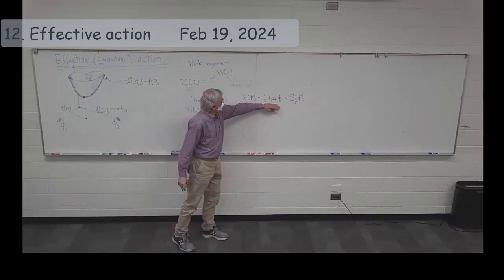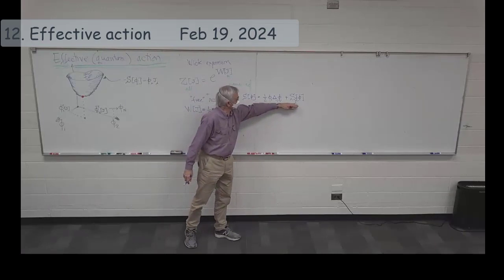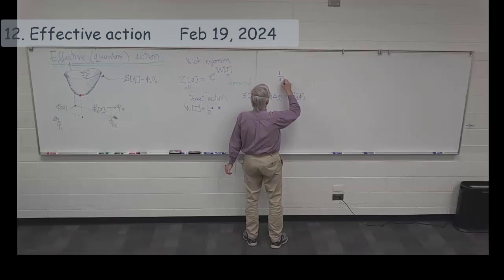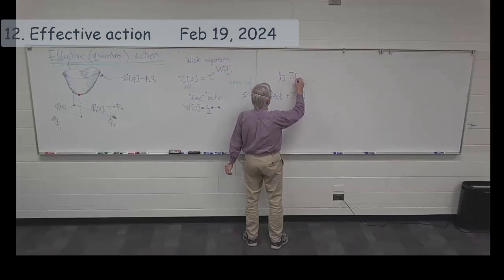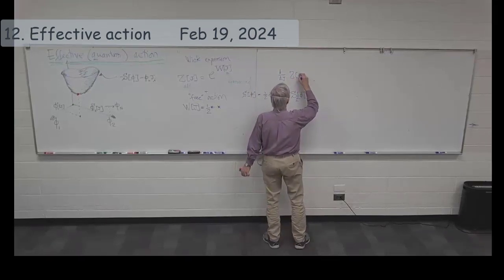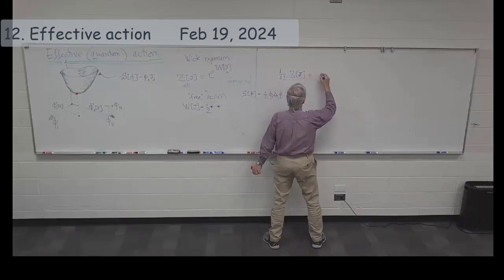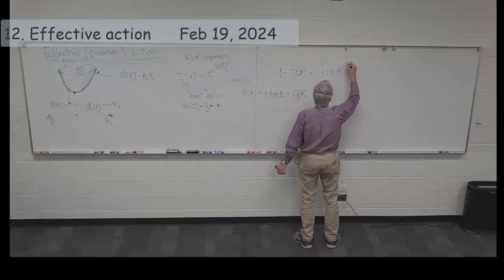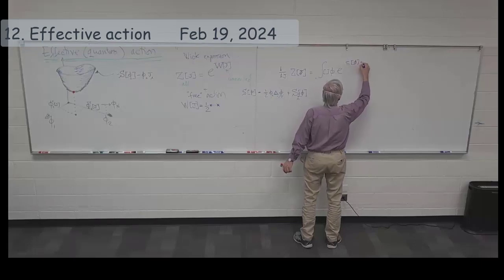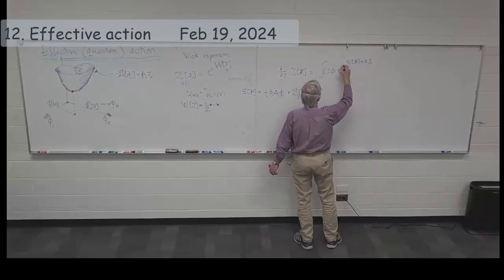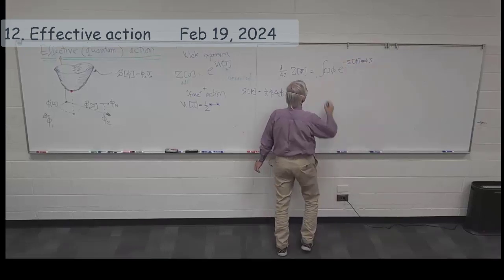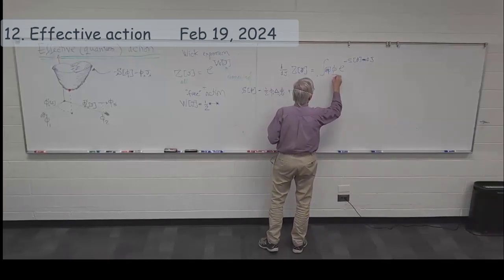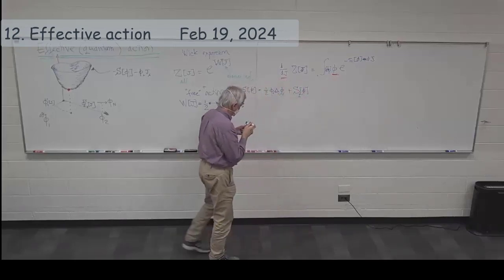And this part can be exponentiated that way, and for that part I use the trick that d/dJ acting on Z of J is a field inside, some minus signs, who cares? So we did that last time.